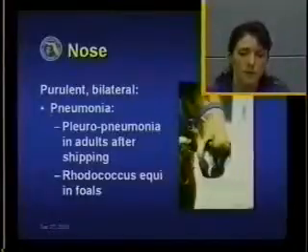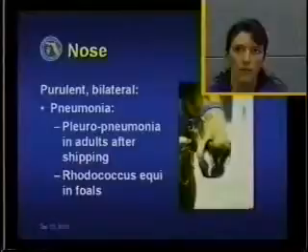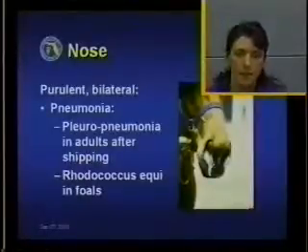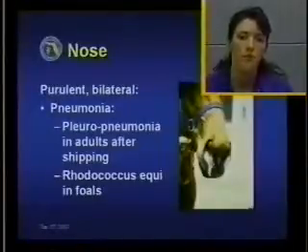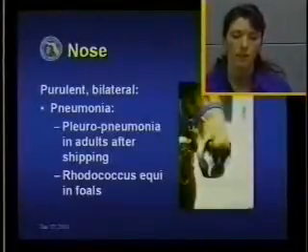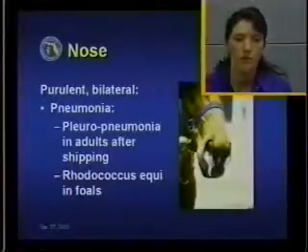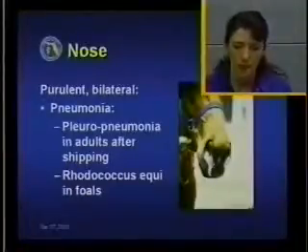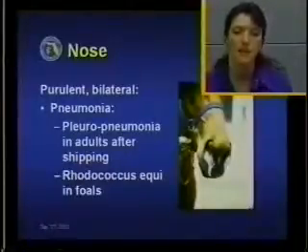In adult horses, we see a type of pneumonia that is caused by a mixed population of bacteria, and this is a fairly common event after long-distance shipping, where horses are exposed to a combination of factors. First of all, they have their head tied up, so they can't really get rid of a lot of the allergens or particles that they inhale, like they would if they could blow their head down, blow their nose in a sense.